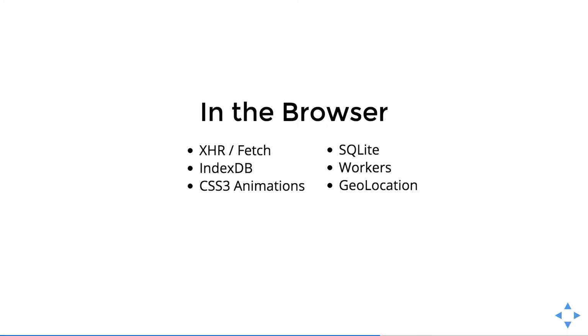In the browser, here's a small list of things that deal with asynchronous I/O: Ajax or XHR, and its newer potential replacement, fetch; IndexedDB; CSS3 animations have some event hooks; workers; geolocation is an asynchronous API. Really, if the operation requires leaving CPU memory space to go somewhere else, that's pretty much an async operation.